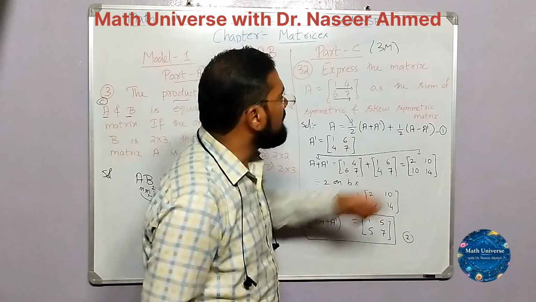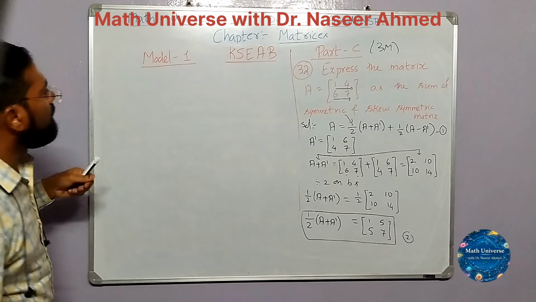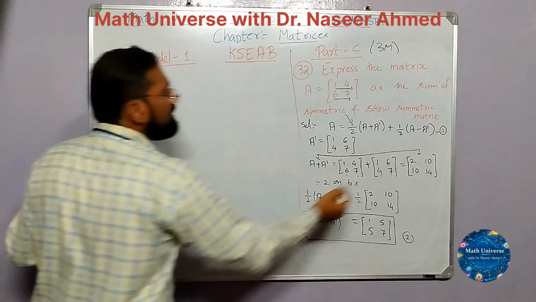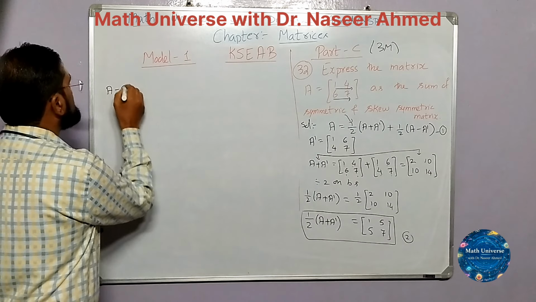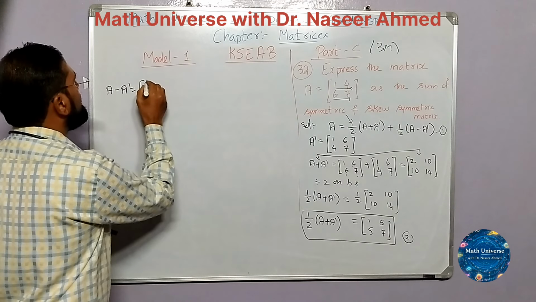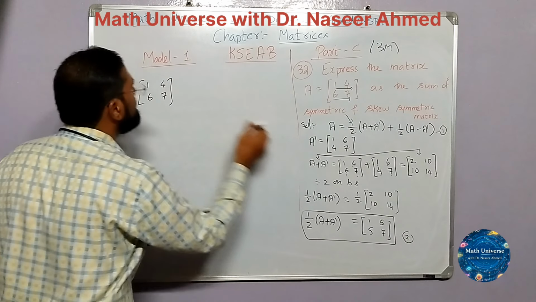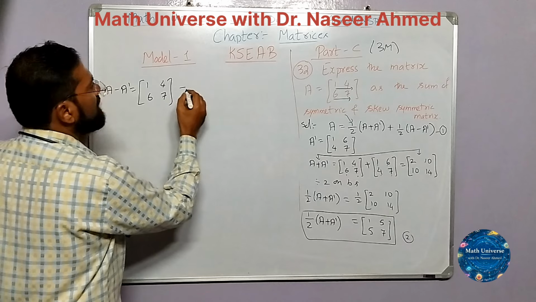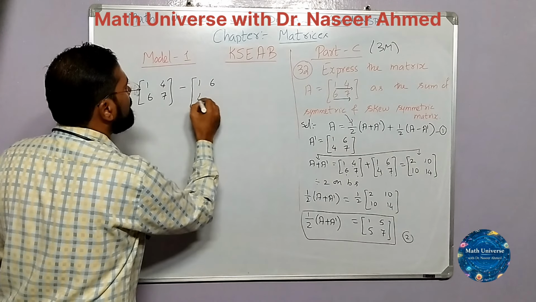So now I have to find A minus A transpose. Let us continue. Moving on to A minus A transpose. Coming to matrix A, we have 1 4 6 7, and already we know A transpose, which is here, minus sign because of this, and 1 6 4 7.